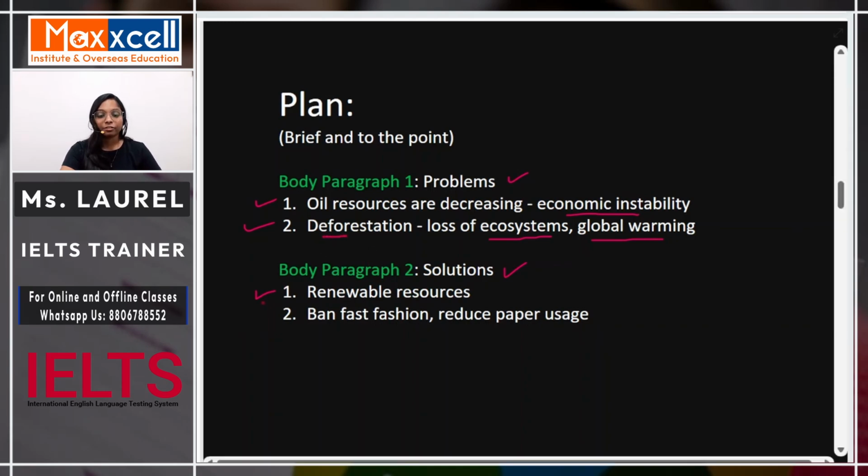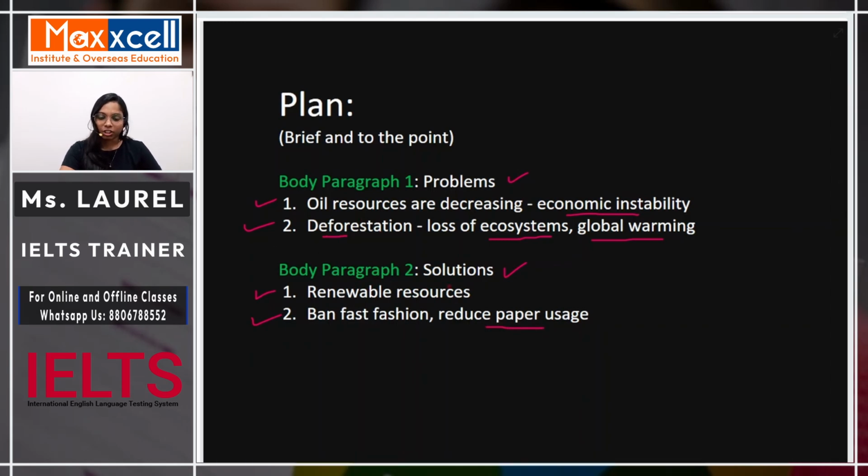We are going to combat deforestation by banning fast fashion, and we are also going to reduce the usage of paper. So these are the two things by which we can combat deforestation. The reason I put fast fashion here is because a lot of the artificial fabrics that we get in the market are plant based actually.